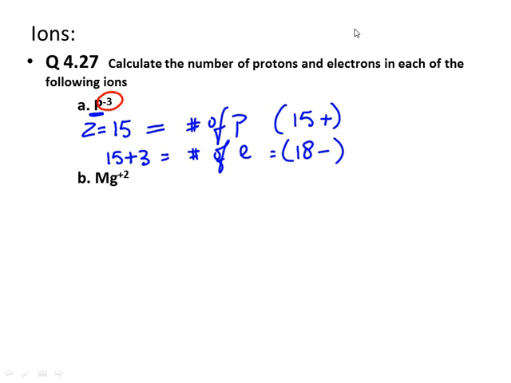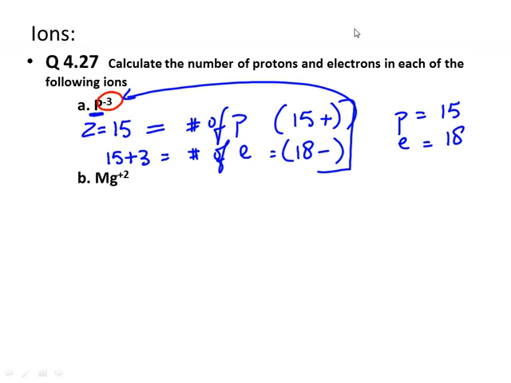And I hope you can see that 15 plus 18 minus gives us a residual charge of 3 minus. So to answer this question, the number of protons in this ion is 15, because that's the Z value. The number of electrons is 18, because by doing so, the overall charge is 3 minus.